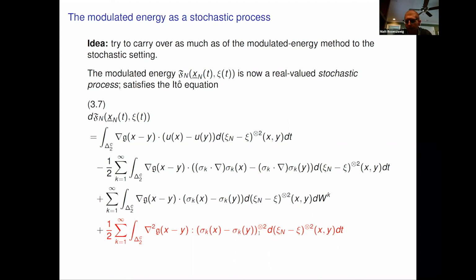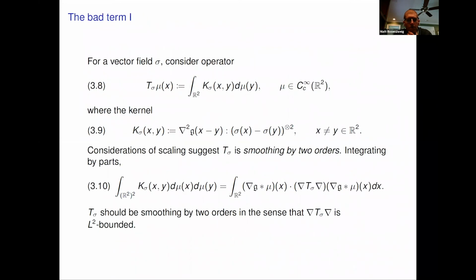So in the remaining few minutes, we're going to talk about how one can deal with this term. And in doing so, I think we'll give a maybe slightly different take or perspective on the modulated energy method. So let's take a step back in discussing this bad term, which I've colored in red.